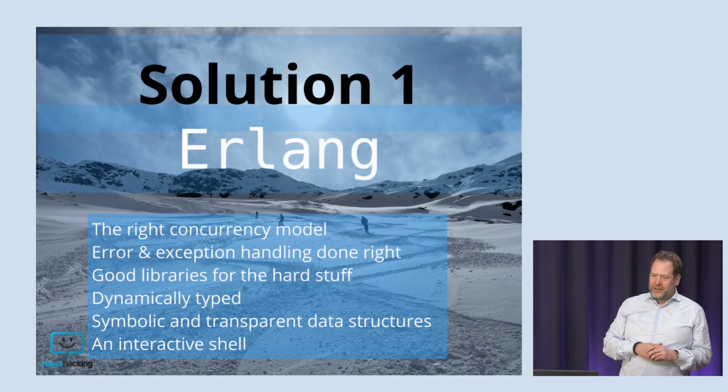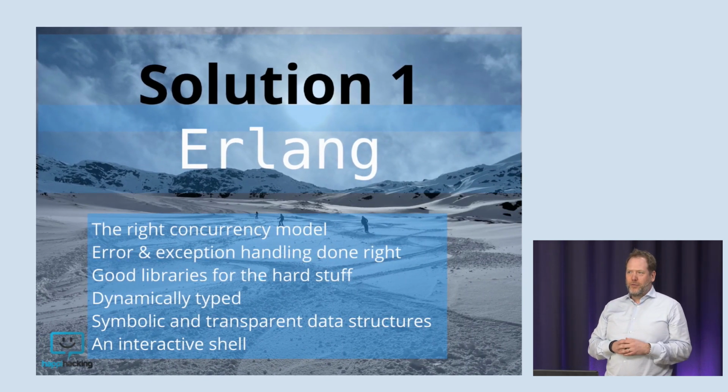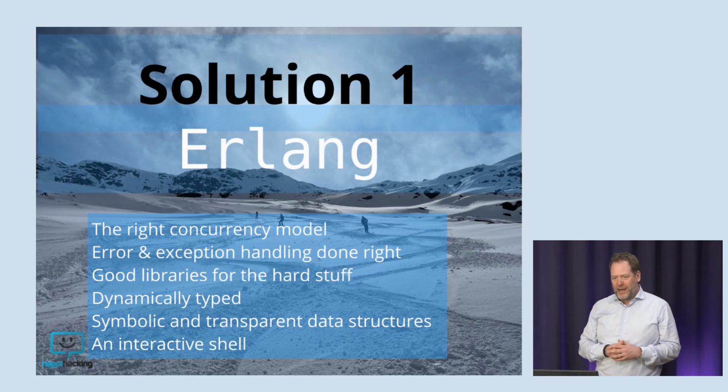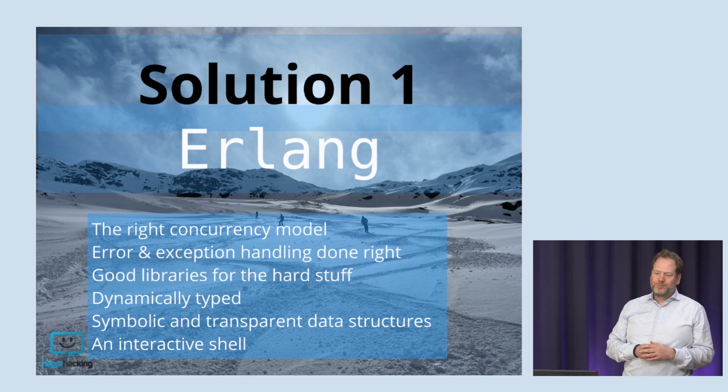So as I said, the solution to the first problem was the Erlang language that was developed at the computer science lab. And the first thing that they realized in order to build a telephone exchange was that in a telephone exchange, they have at least two of everything in the hardware, because the hardware will break and then you want something else to take over.